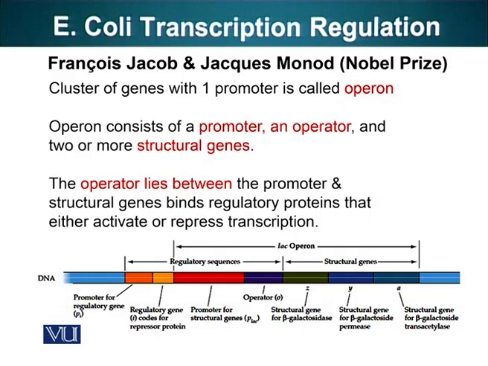Lactose is a disaccharide made up of two monosaccharide units, galactose beta-linked with glucose. If lactose is present, bacteria would need to make enzymes that can process the lactose sugar. If lactose is not there, it would be very wasteful for bacteria to keep making enzymes for a substrate which is not available to this organism.